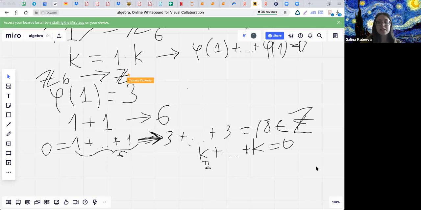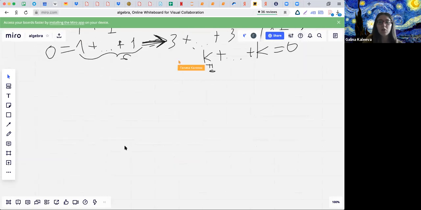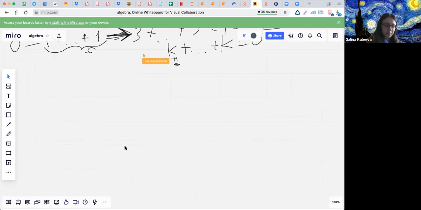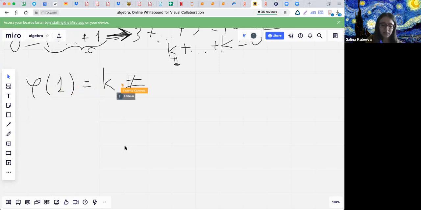But here, let's imagine that I've chosen some image of our generator. The image of our generator equals some non-zero integer element.